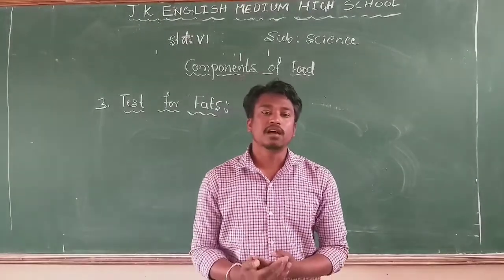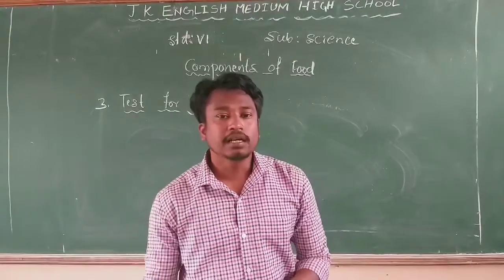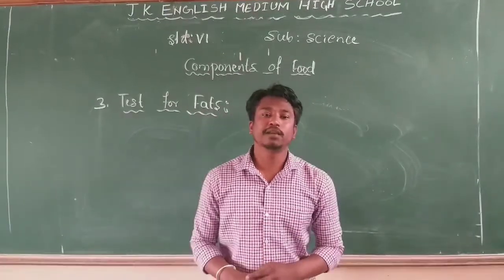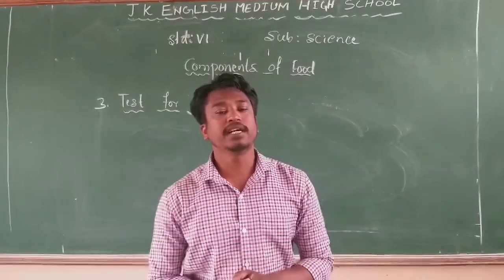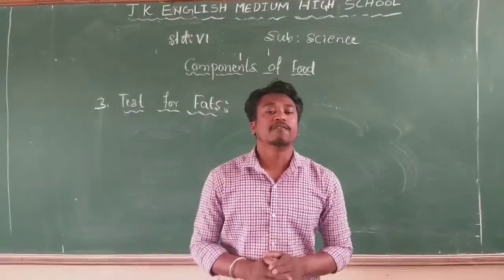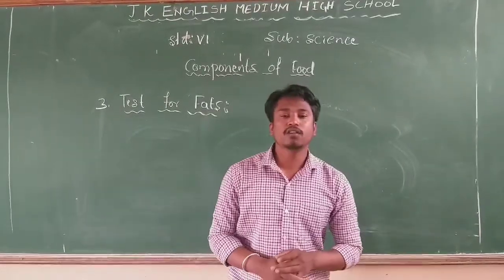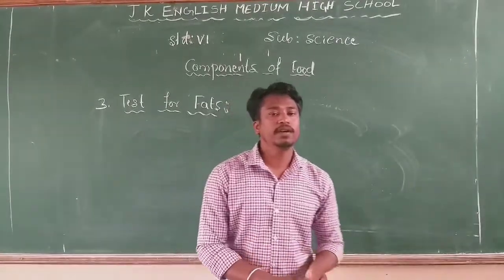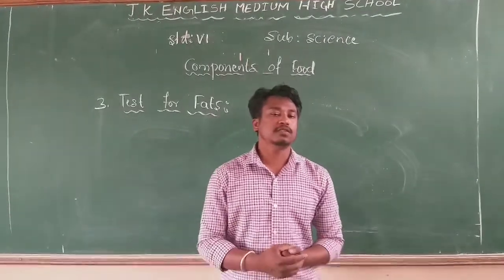See whether you are able to see the light clearly or not. If not, that shows the food contains fat components. So till now we have discussed the test for carbohydrate, the test for protein and the test for fat.